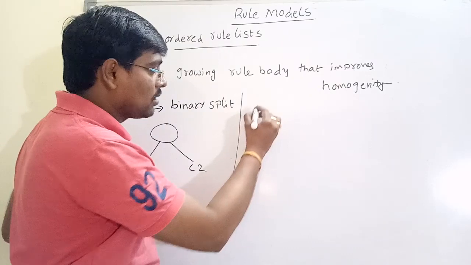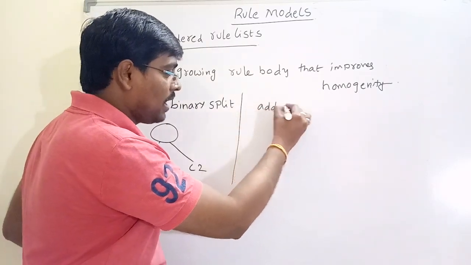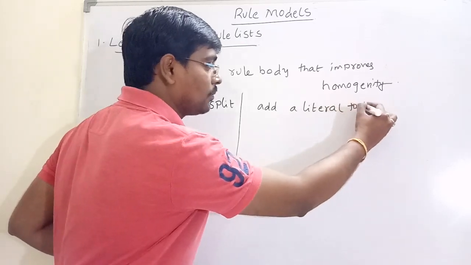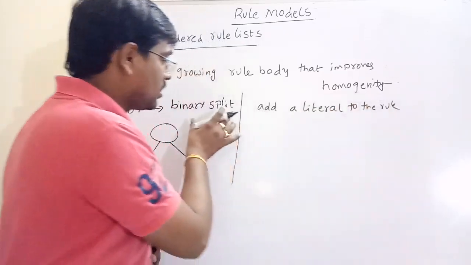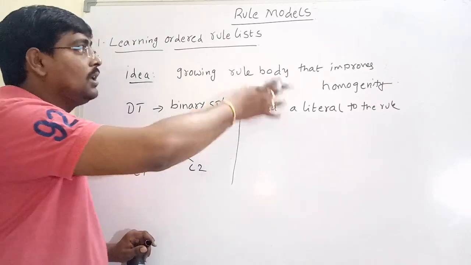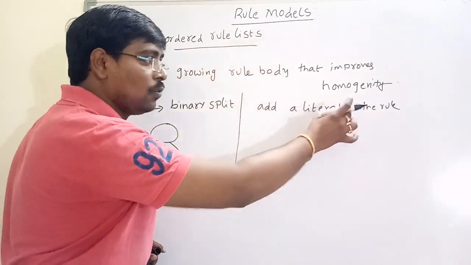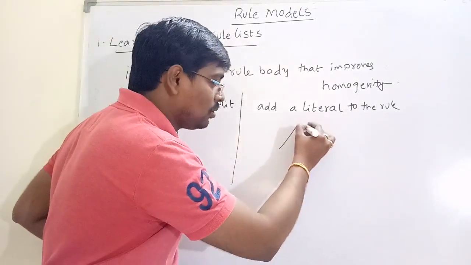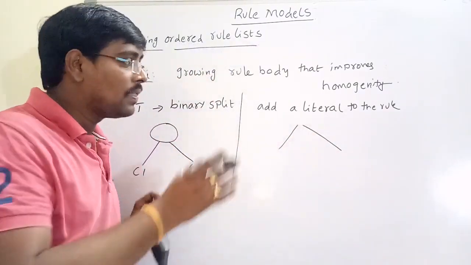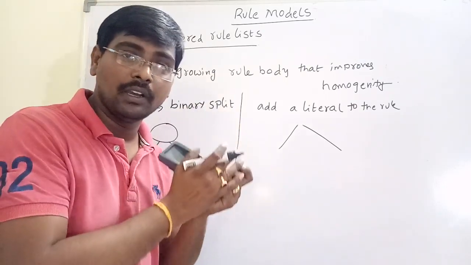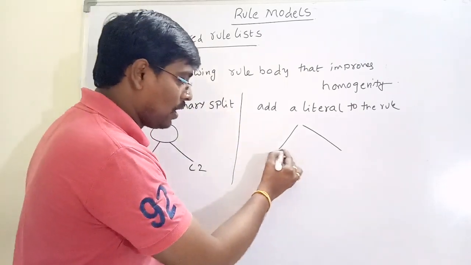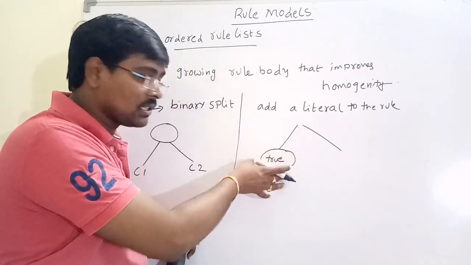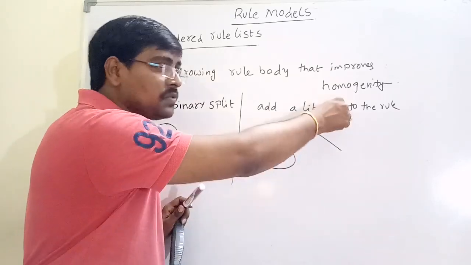Similarly, in rule models also, whenever we add a literal to the rule, similar to a binary split in the decision tree, it divides the entire instance space into two parts. One part is the set of instances that satisfies the rule.